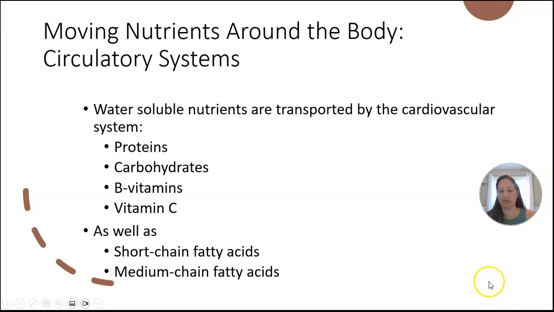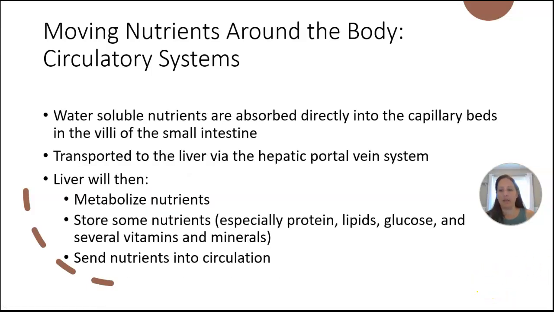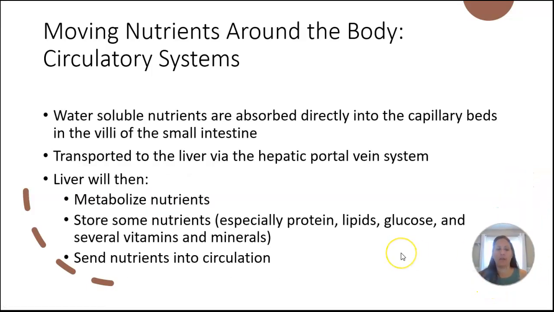Okay, all of those are going to be water soluble. Again, these water soluble nutrients, they're going to be absorbed directly into capillary beds, which sit underneath the epithelial layer inside those villi of the small intestine.